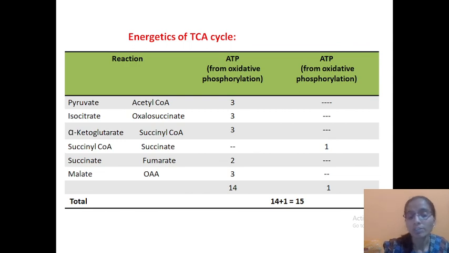So this is the main cycle of energy generation inside the cell, which will oxidize glucose completely. Some of the ATPs are generated at the substrate level phosphorylation, and most of the ATPs are generated by oxidative phosphorylation.